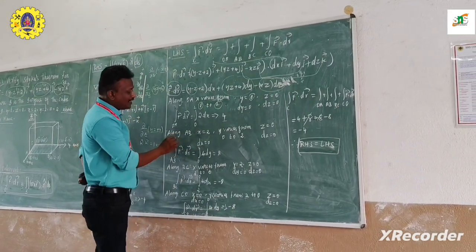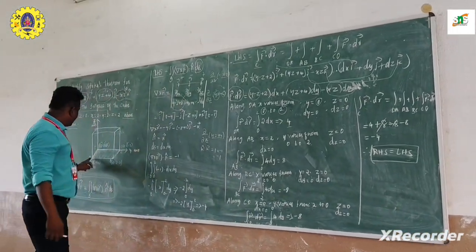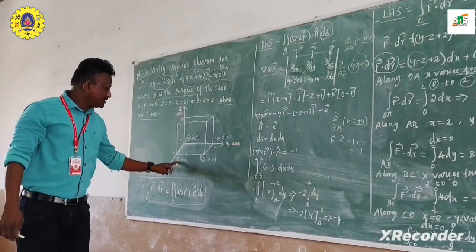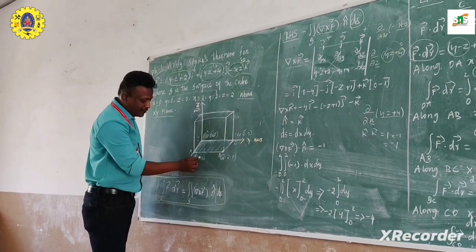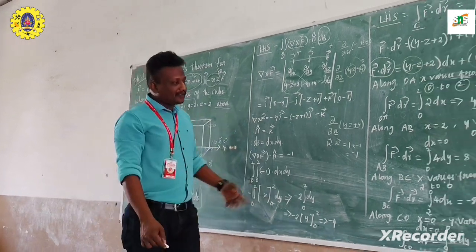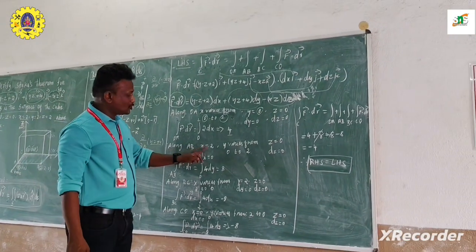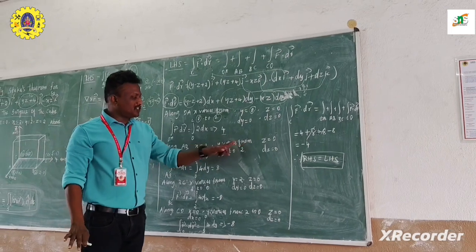Okay. Let's come to along AB. The same thing you have to find out. In AB, x varies from 2 to 2, y varies from 0 to 2, and z varies from 0 to 0. Let us write all these results. X varies from 2 to 2 can be written as simply 2. Y varies from 0 to 2.